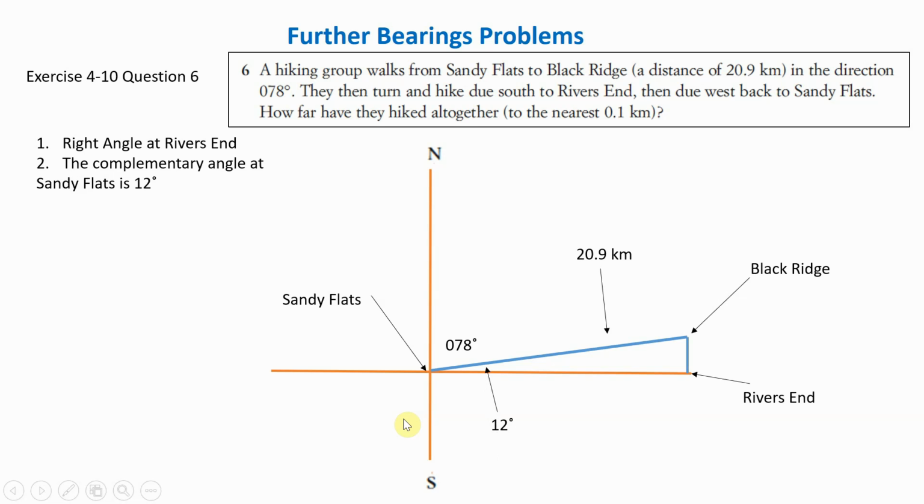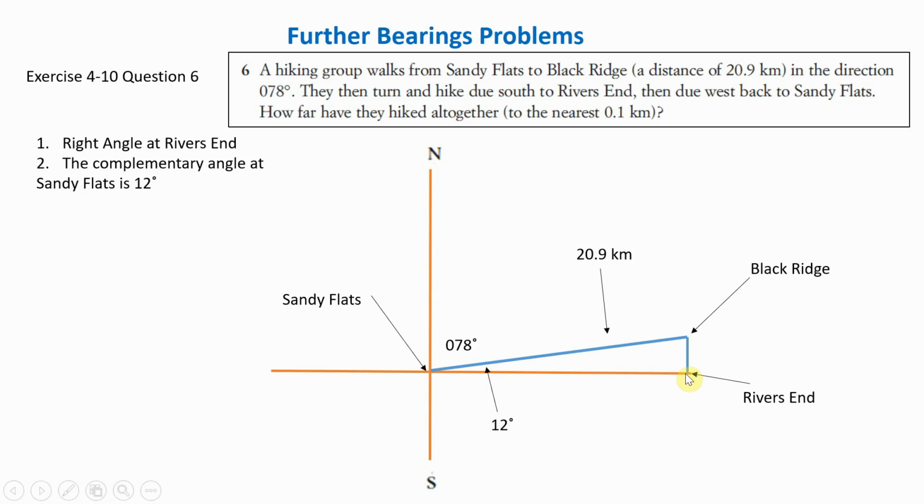There we are. Now what we then need to know, if we're going to find out the total distance from there to there to there to there, is this length and this length. Now we've got a right angle triangle and we've got an angle here. We know that this side, Black Ridge to River's End, is the opposite side to the 12 degrees.